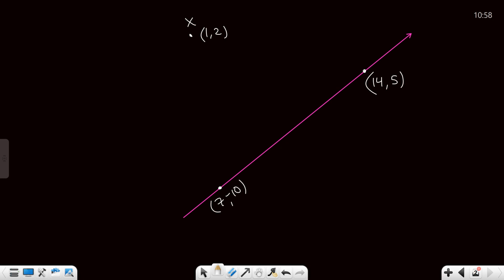We're taking like 10 problems with this. It's hard. Find the distance between x and the purple line. Go.